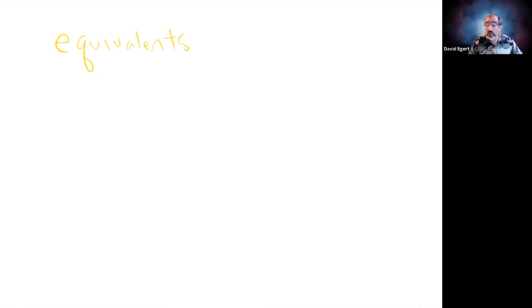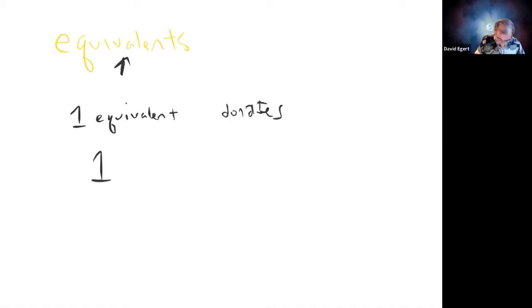I want you to know what this word means because it'll show up when you're in a more clinical setting, where you'll see concentrations expressed as equivalents per liter. Just for completeness, this will be on that homework, but it's not going to be on a test. One equivalent donates 1 mole of either positive or negative charge.